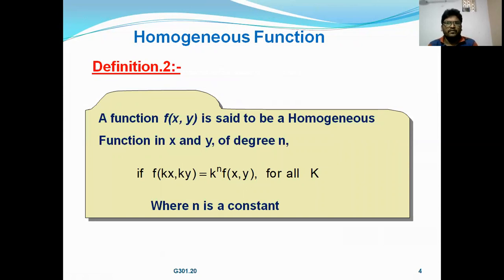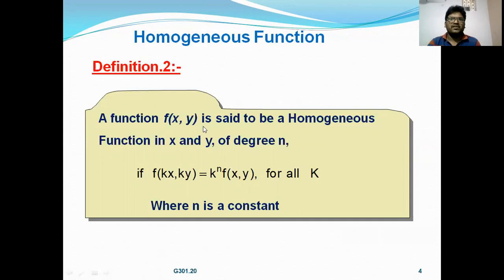A function f of x comma y is said to be a homogeneous function in x and y of degree n if f of kx comma ky is equal to k to the power of n into f of x comma y for all k values. I will repeat once again.